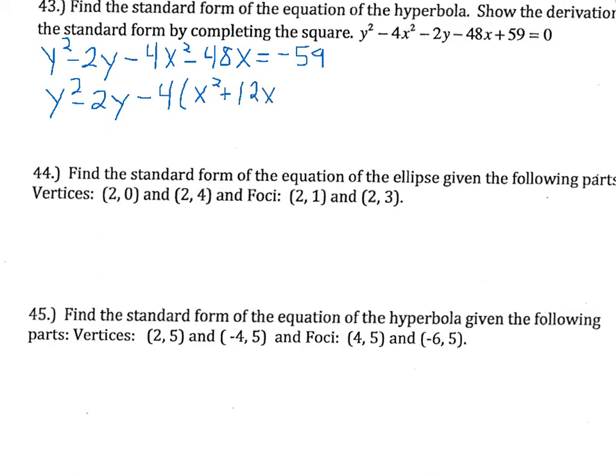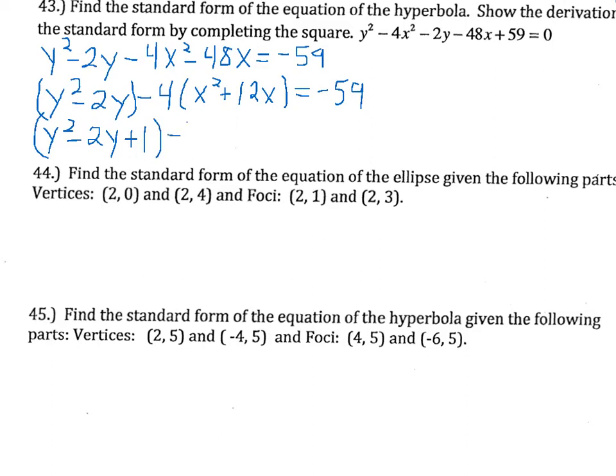And we'll get x squared plus 12x. So now we're ready to complete the square: divide by 2 and square it. So I'm going to add in a 1 for the y's, kind of pretend that they're in parentheses there.